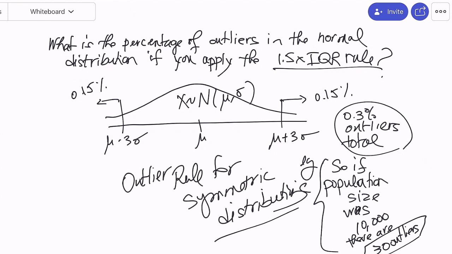So let's see, what happens if we use the wrong rule? Let's use the other rule. So first of all, x is normal. Just going to check if it's for the standard norm or normal.